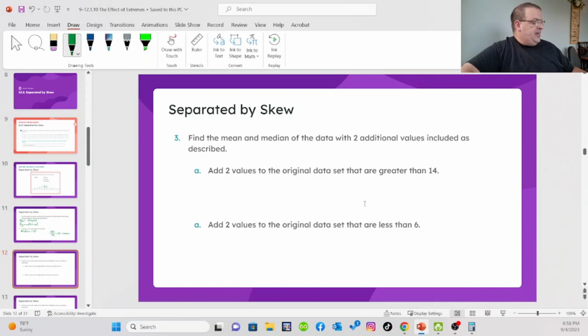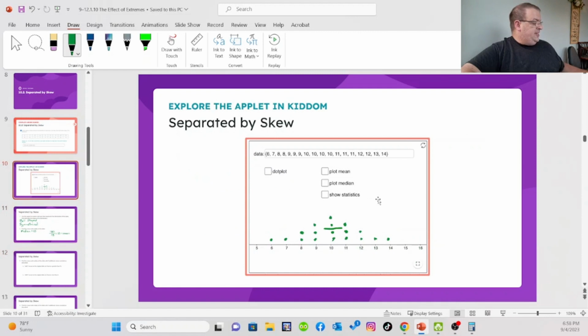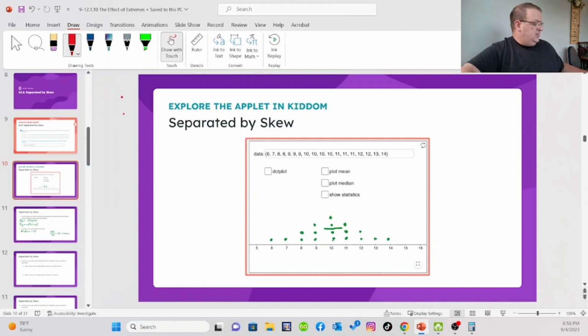Now they want us to add 2 values to the original data set that are greater than 14 and see what happens. So if we did that, let's go in here and we will add two values that are greater than 14.